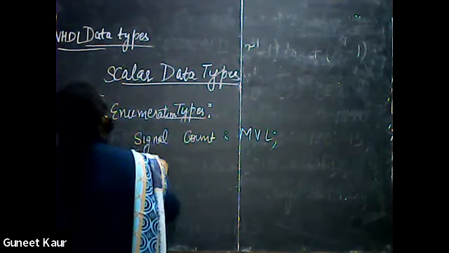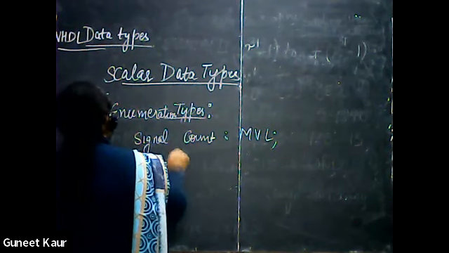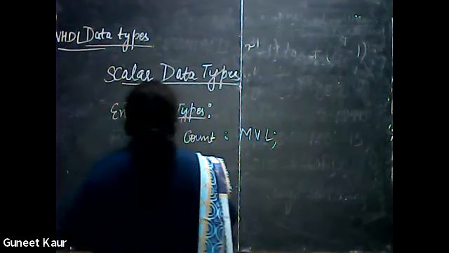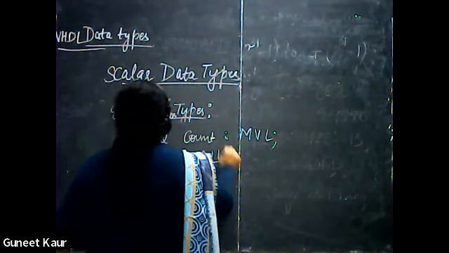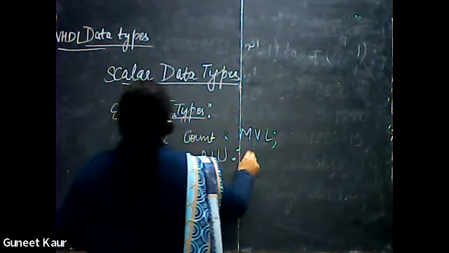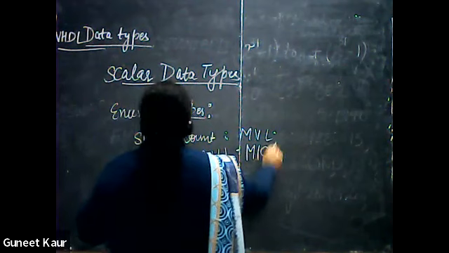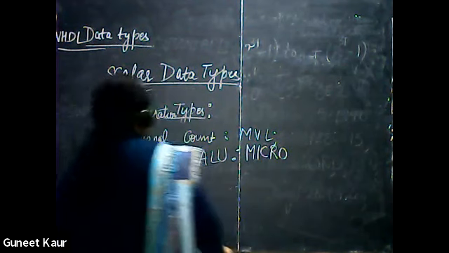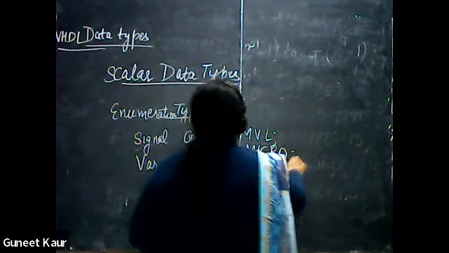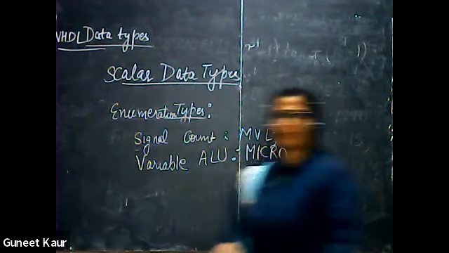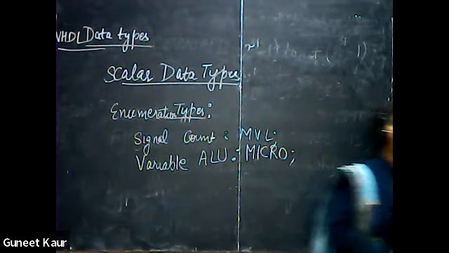And the variable data object can be used with the enumeration: variable name is ALU, and it can use the data type micro, which I have already explained.